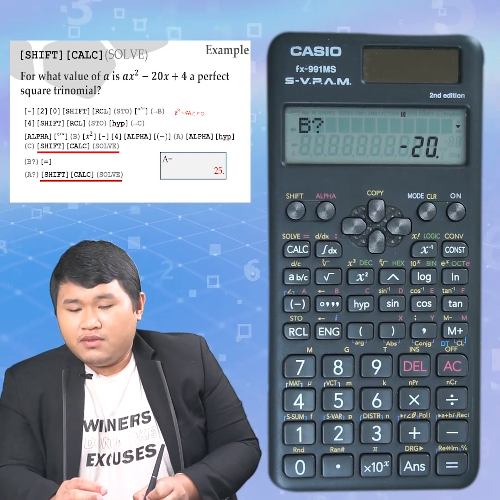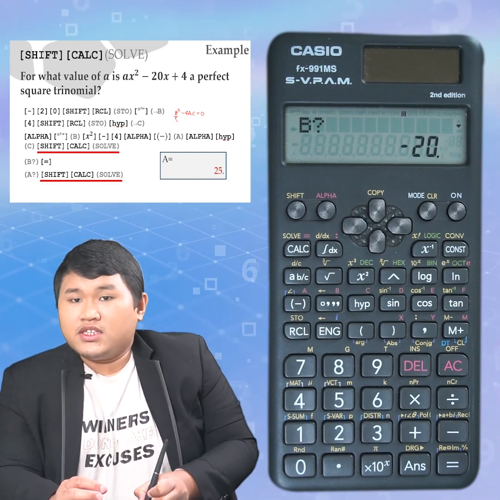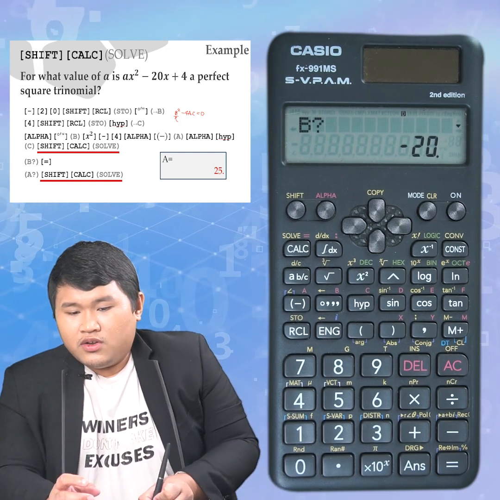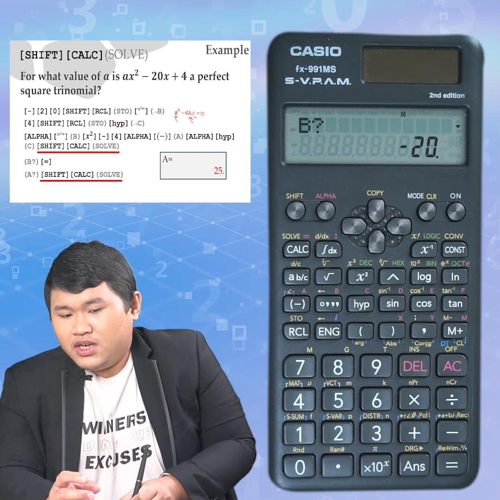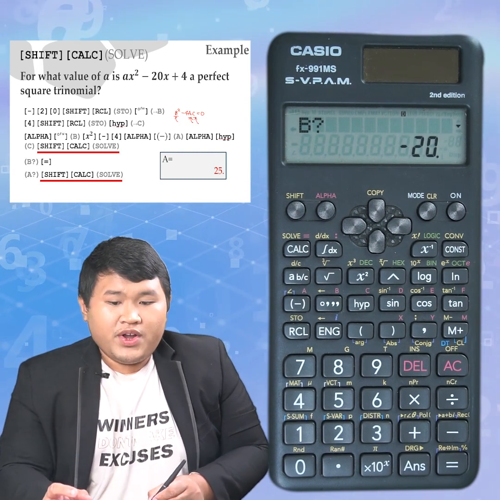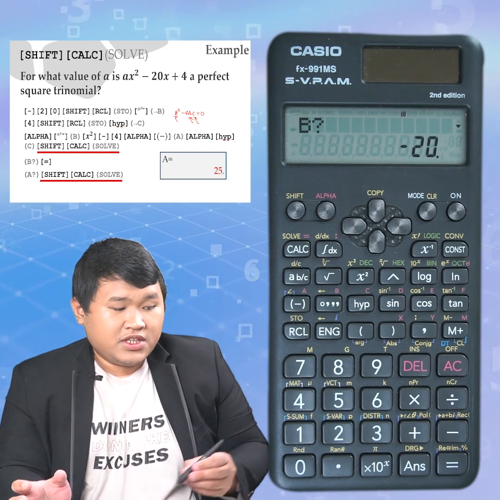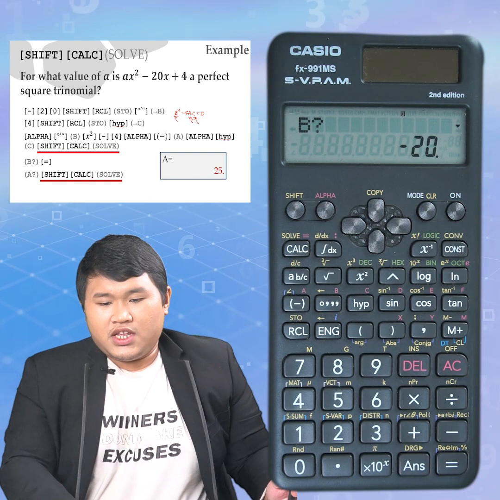So, naturally, based on the order in which they appeared, variable b will be asked first. That's why b is being asked there, followed by the variable a, which is next, and then the variable c, which is the third one. Now, variable b is already stored in the calculator. It now has the value of negative 20 as shown here on the screen.